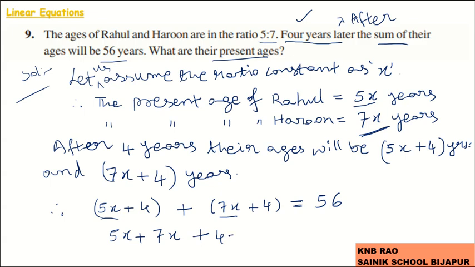See children, here I have removed braces and took like terms one beside the other. So the sum of 5x and 7x is 12x, the sum of 4 and 4 is plus 8, equals 56. This forms a linear equation.